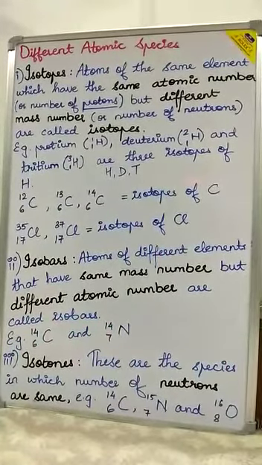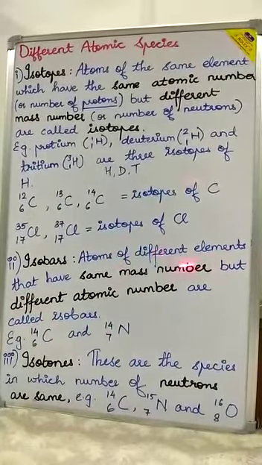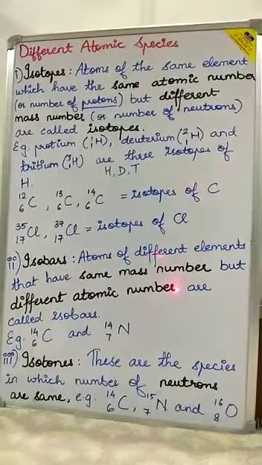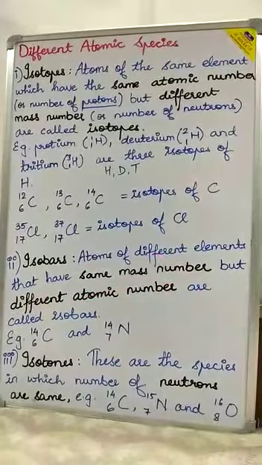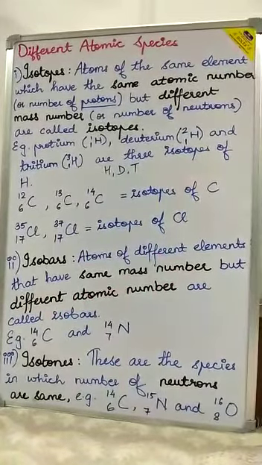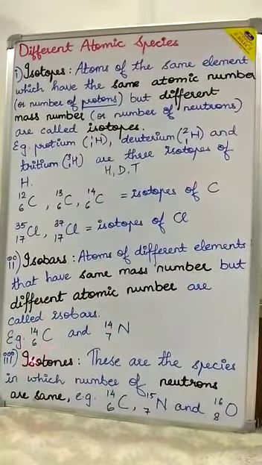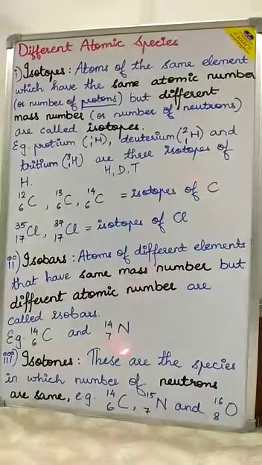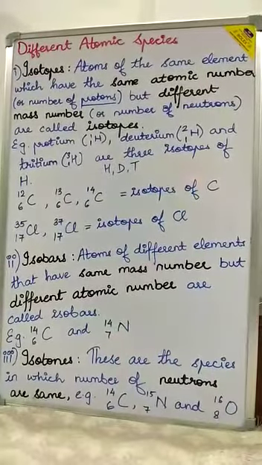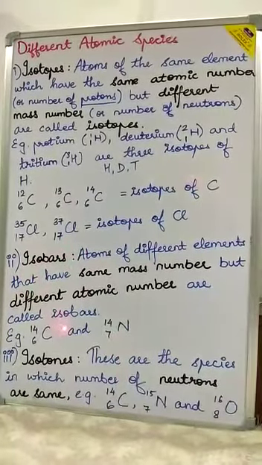So what are isobars, students? Atoms of different elements that have the same mass number but different atomic number. Okay, so their mass number is the same but their atomic numbers are different. They are known as isobars.